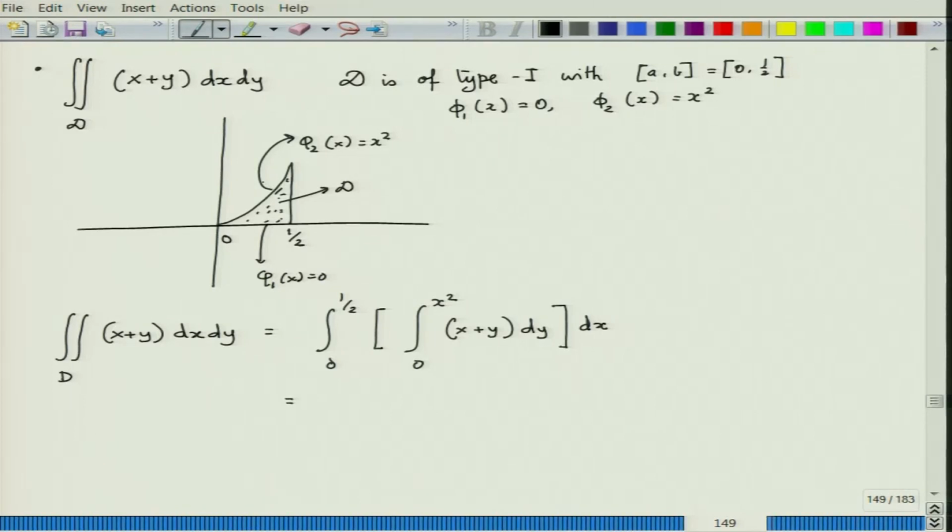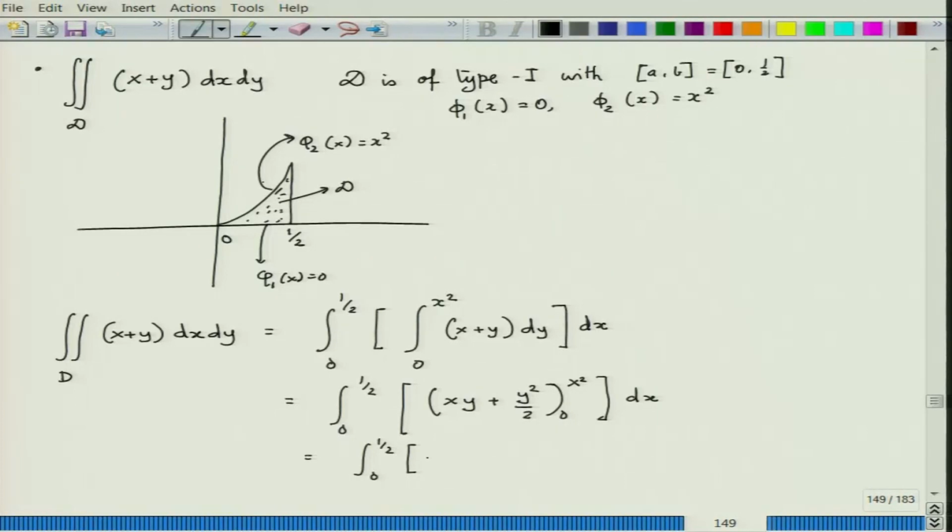So, this will give me the integral from 0 to half of xy plus y square by 2, from 0 to x square, dx. When y is 0 it is 0, and when y is x square, it becomes x cube here.